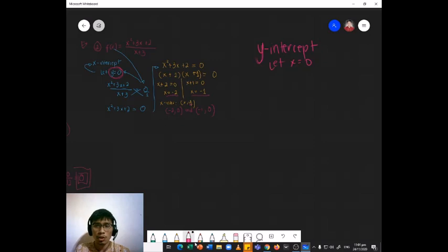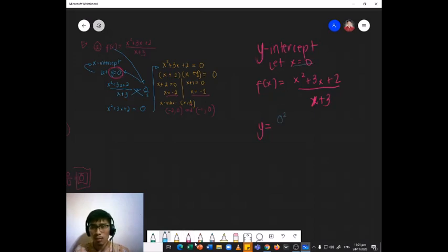What is my equation? My equation is f of x is equal to x squared plus 3x plus 2 all over x plus 3. Again, f of x here is equal to y, so y is equal to, you let all your x's equal to 0.